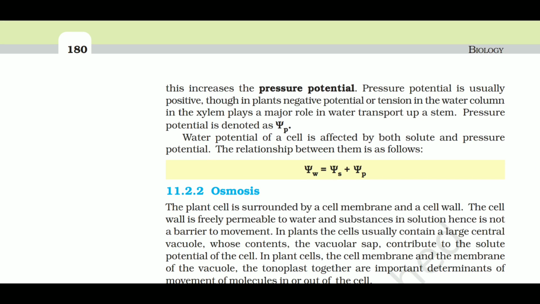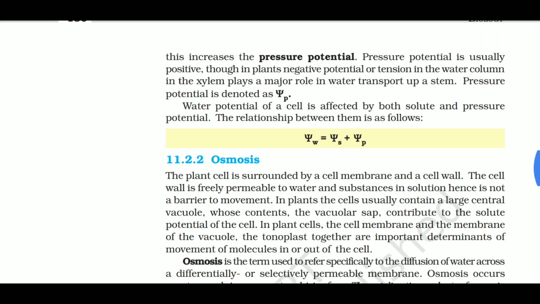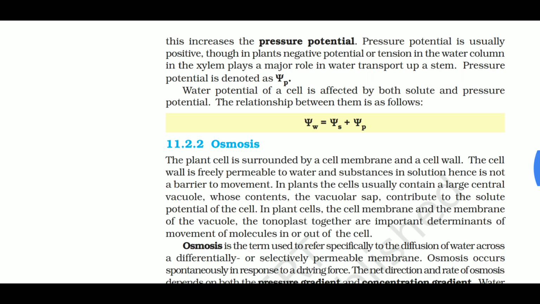This increases the pressure potential. You can assume the balloon with air. So the pressure potential is usually positive. From here we came to know the water potential will be positive, solute potential will be negative, and the pressure potential is usually positive.